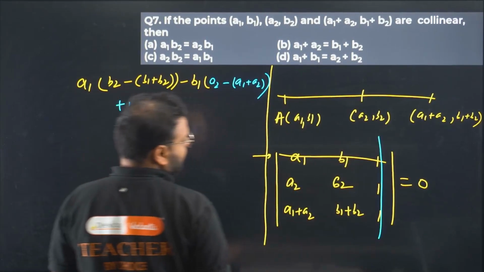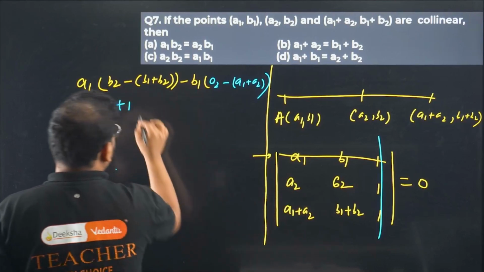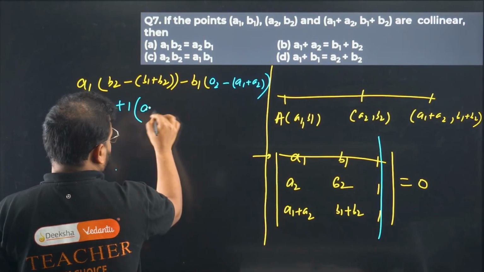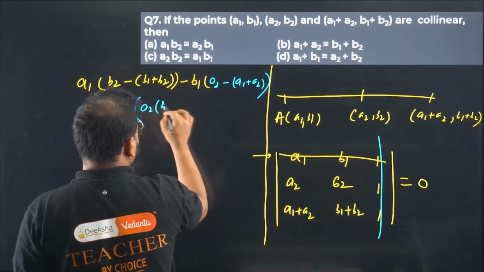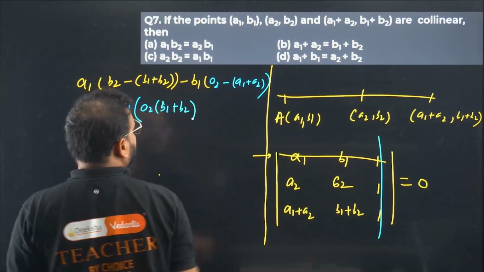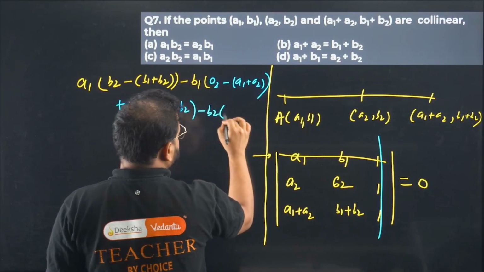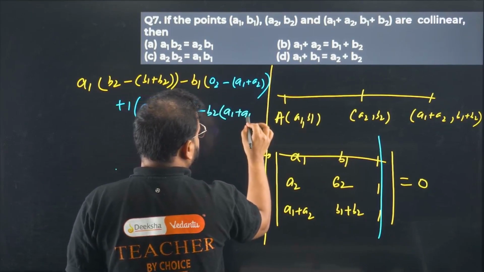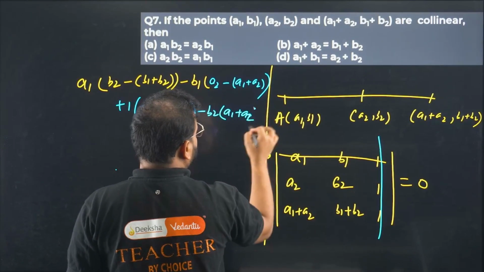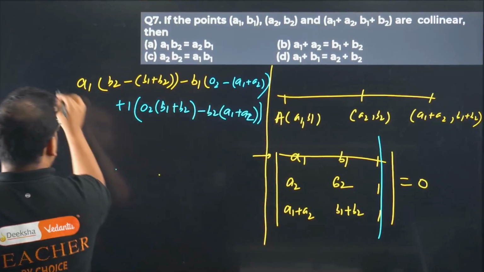What do you get? Please check. A2 into B1 plus B2, and we have minus B2 into A1 plus A2. Okay, let's simplify this.